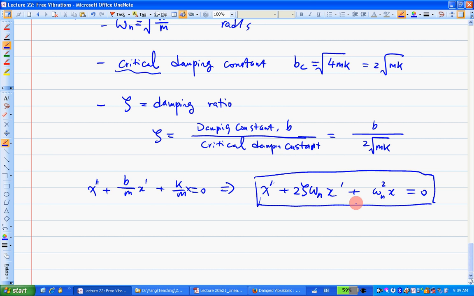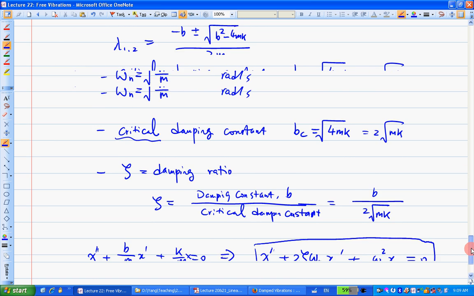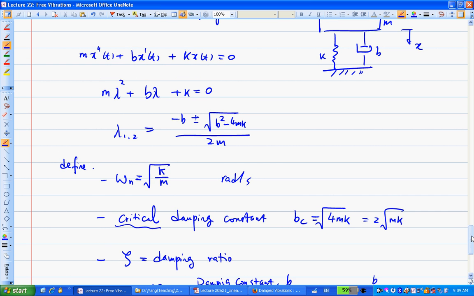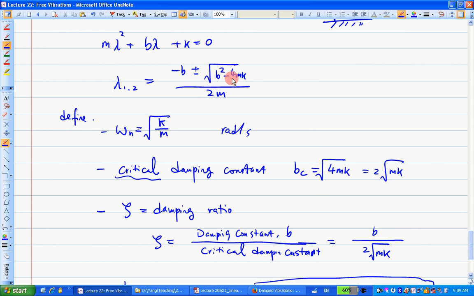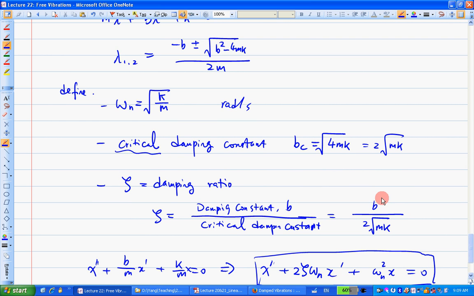I'm going to talk about the three different cases based on the values of zeta. Previously the three cases were based on the relationship between b squared and 4mk. Now that relationship is directly related to the so-called damping ratio.